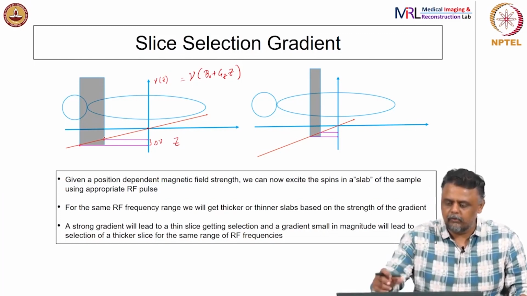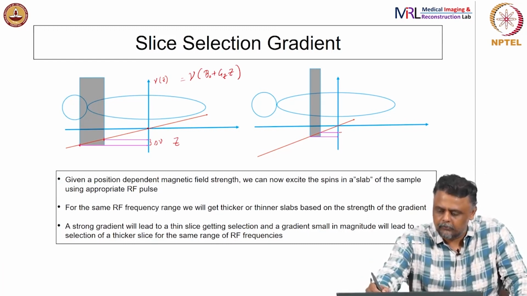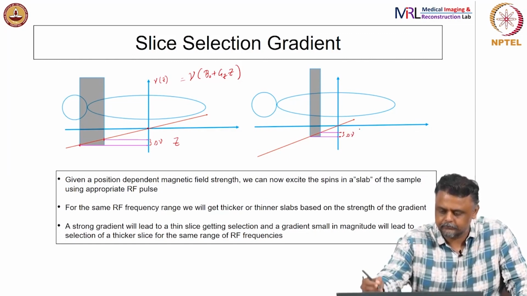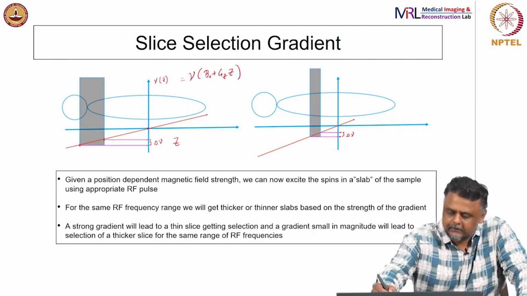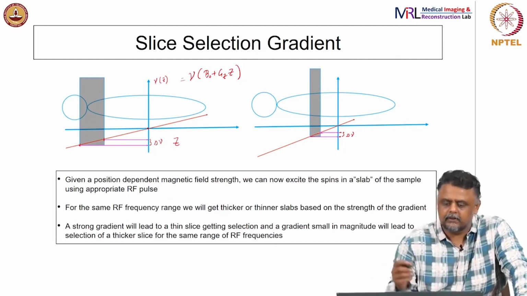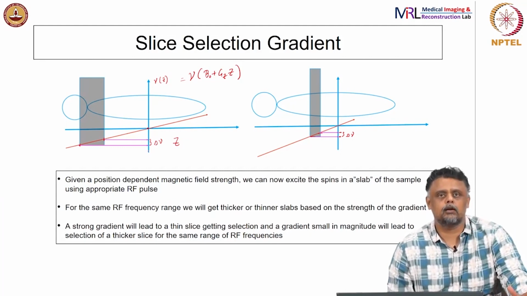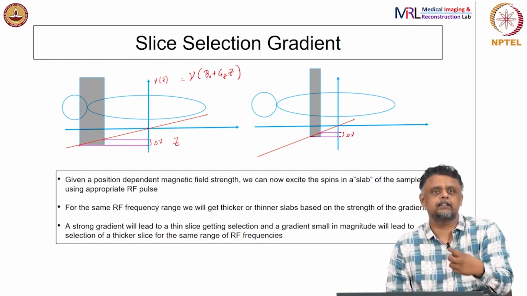Okay. But if you make a very strong gradient, which is what is shown here, then if you go from a small, this is the bandwidth, if you can call it, in your RF pulse, that leads to a very much thinner slice. For the same bandwidth delta nu, we get a thinner slice, because the gradient is much sharper, which means that if you go a very small delta z, there is a big change in the precession frequency.